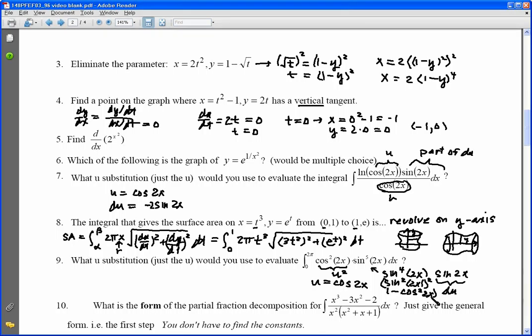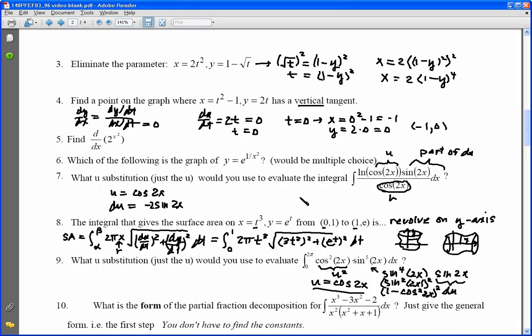So this would be 1 minus u squared squared. So you've got a u squared, you've got a 1 minus u squared squared, and then this is part of your du. But again, du would actually be negative 2 sine 2x. So you have to multiply by negative 2 and then a negative 1/2 on the outside here. So giving you just a little extra, more than what you need there. All you really need for this one is that right there.